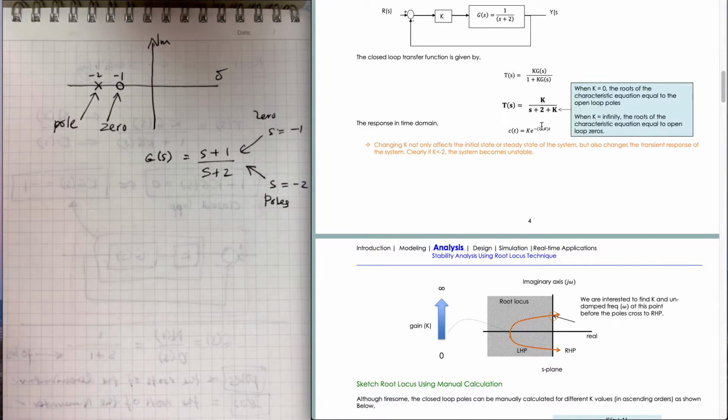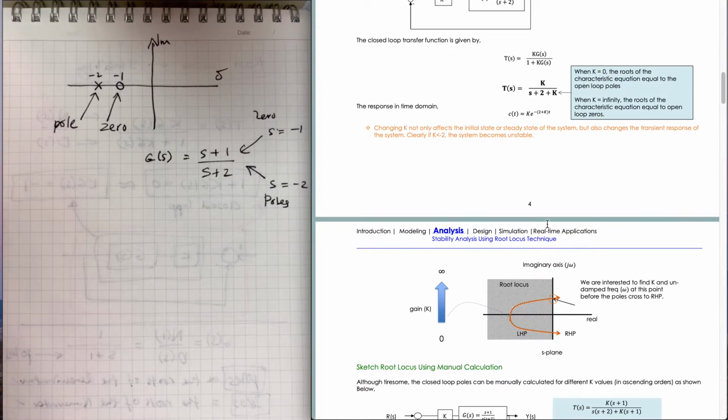We increase K. K can increase from 0 in real systems to any very high value, we call it infinity. So we need to see how the poles change as K increases. We can't afford to actually test every single K from 0 to infinity, because it's thousands of millions of numbers.